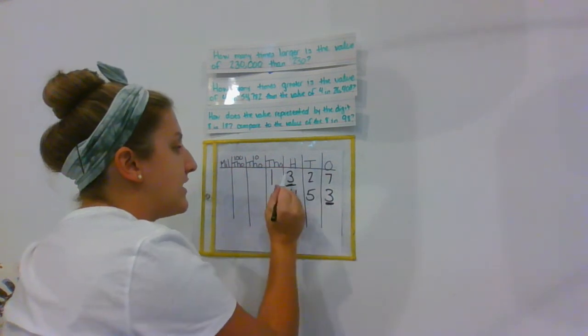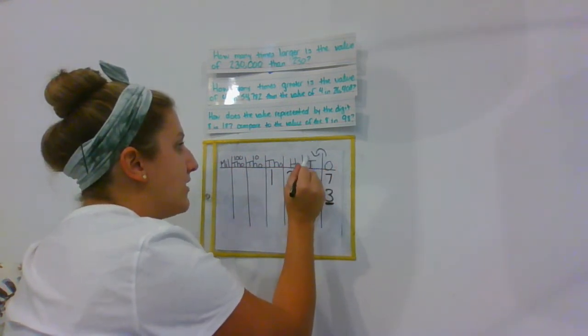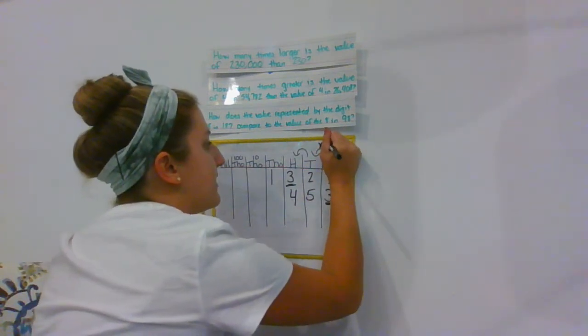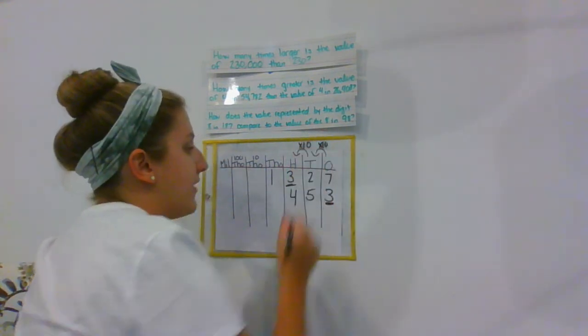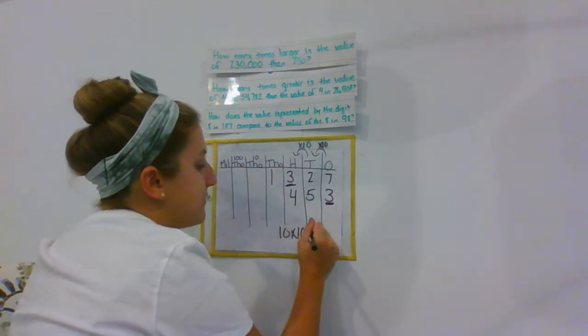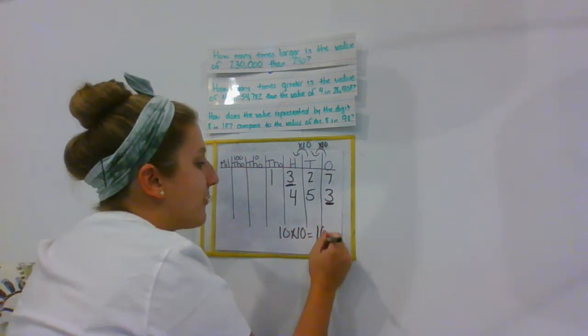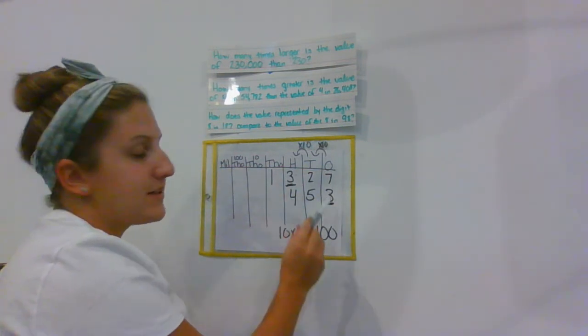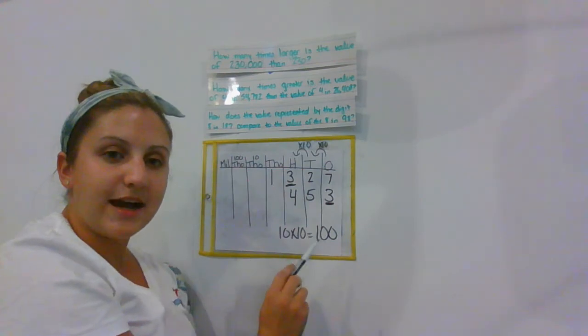So I'm going to start at this 3 and try to get to this 3. 1, 2. Every time I draw an arrow, I write times 10 on top of it. Now I have to do my solution, which is 10 times 10, my equation, and I'll get 100. So from this 3 to this 3 is 100 times larger.